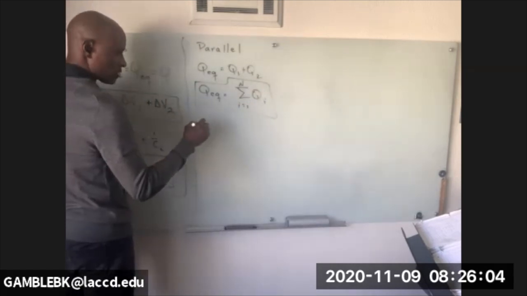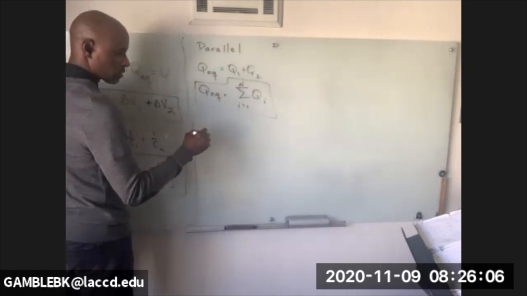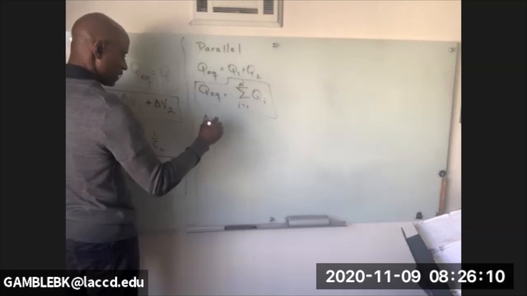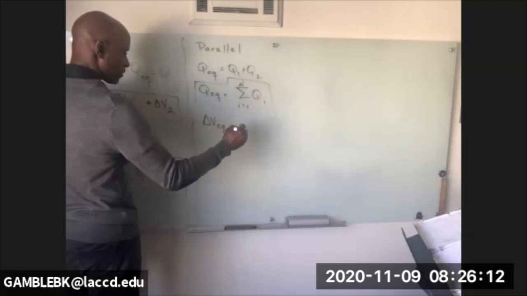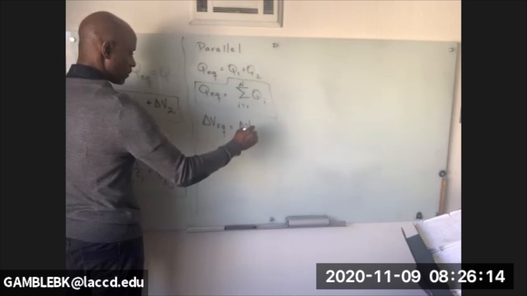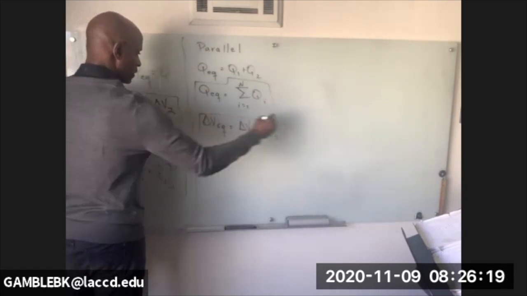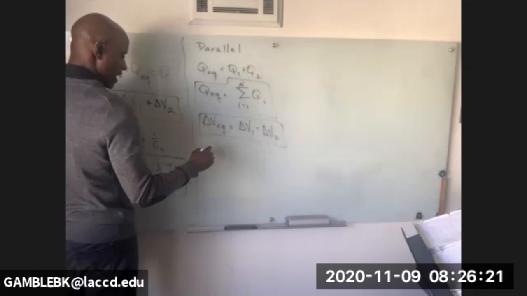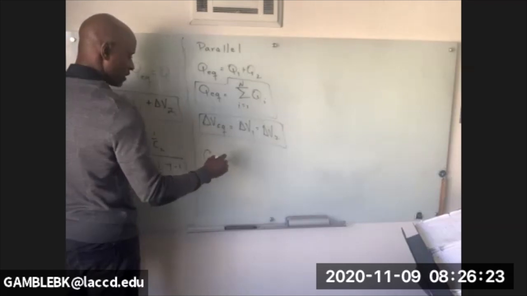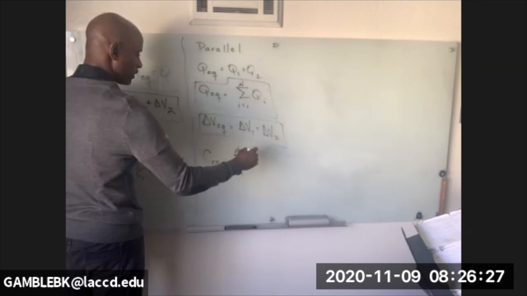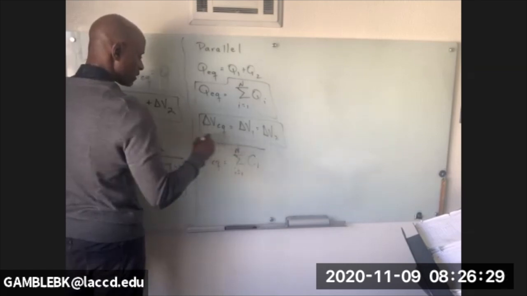The voltage is the same. So delta V equivalent equals delta V1 equals delta V2. And the capacitance just adds, so C equivalent equals the summation over i of C sub i's.